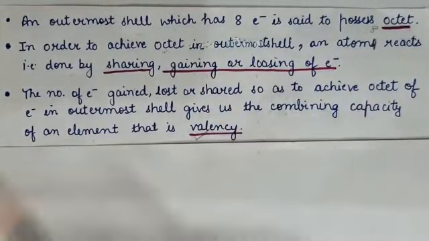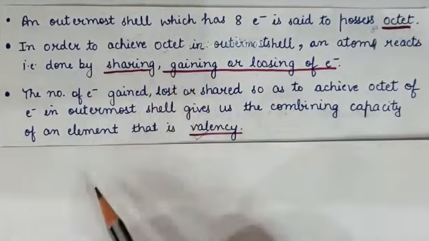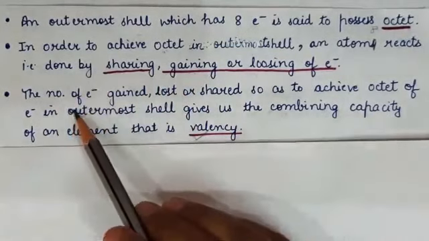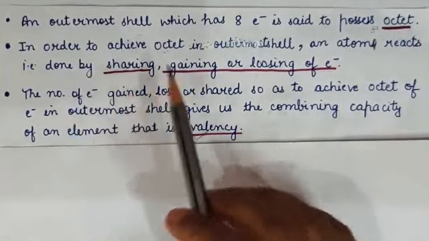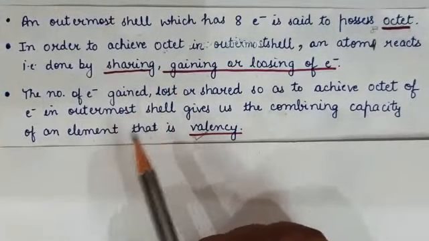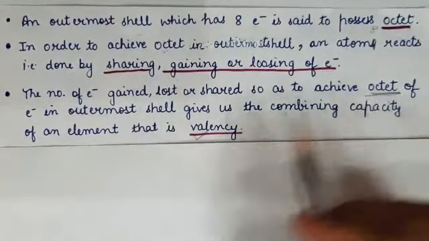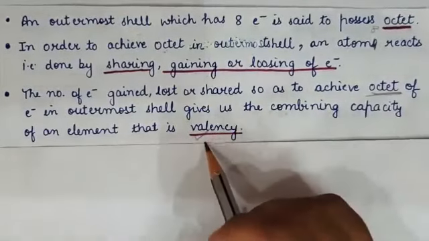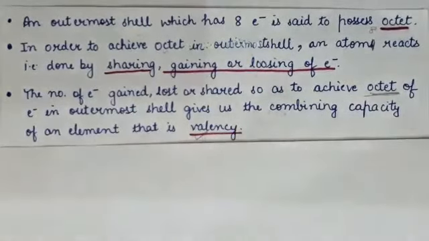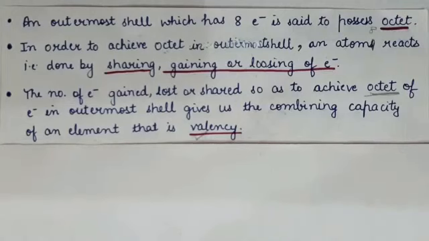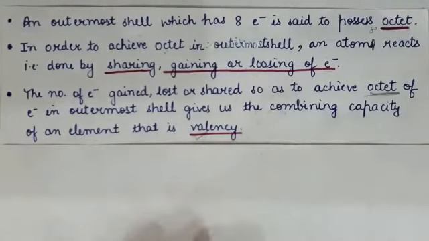The number of electrons which are shared, gained or lost in order to achieve octet in the outermost shell, that is called valency.